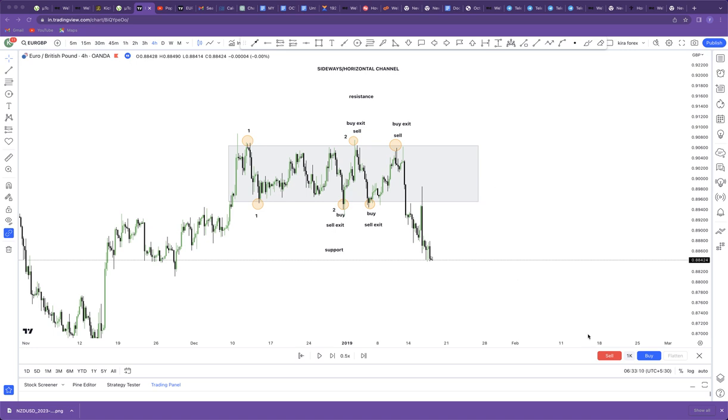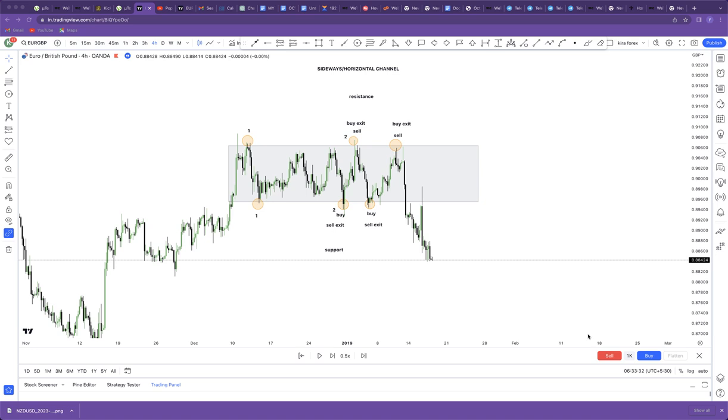Now, before I end this session with you, here are some general rules for trading channels. One, if you buy or sell on the other side of the channel, you wait for price to reach the other end of the channel to take profit or exit the trade.